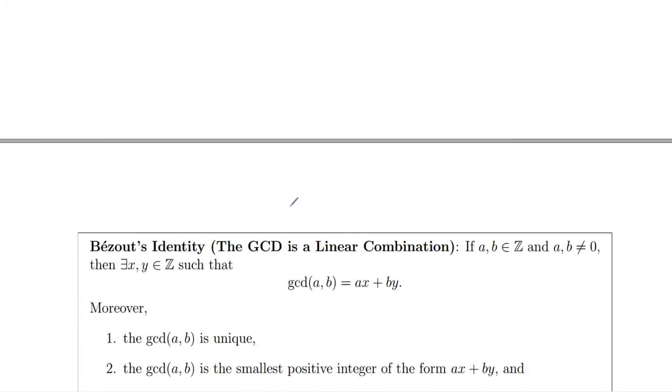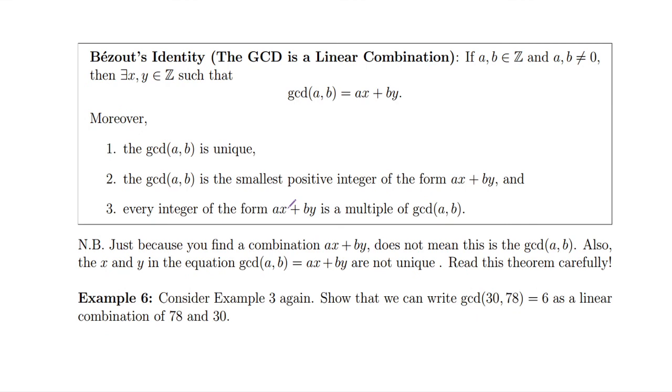Okay, and the last thing I wanted to mention to you is this really neat identity. It's called Bézout's identity. And what this says is that you could actually write the GCD as a linear combination. So what do we mean by that? Well, if A and B are integers and they're not 0, then it turns out that there exist integers x and y, so that you could write the GCD of A and B as A times x plus B times y.